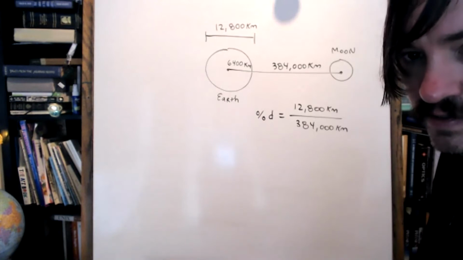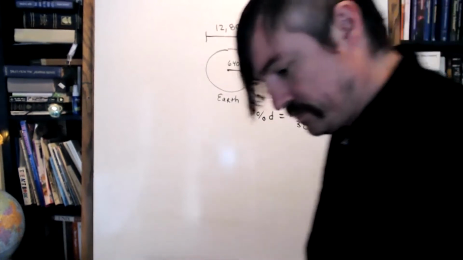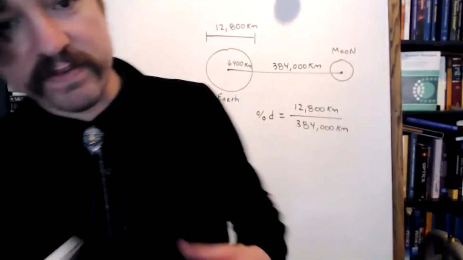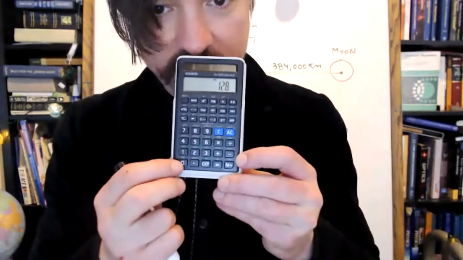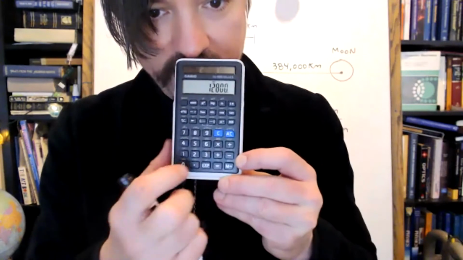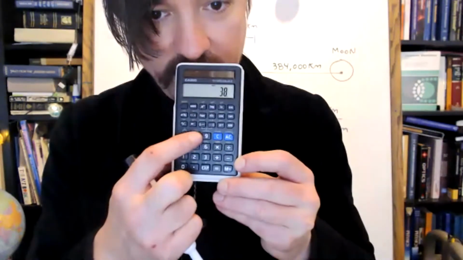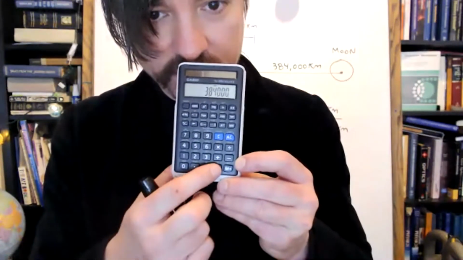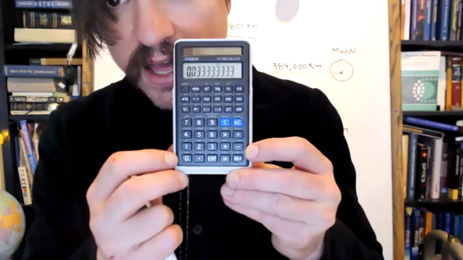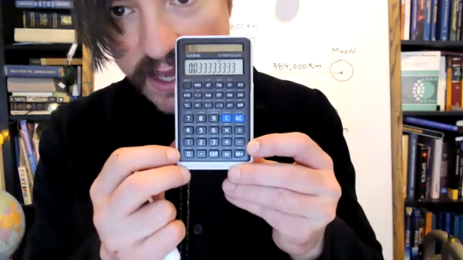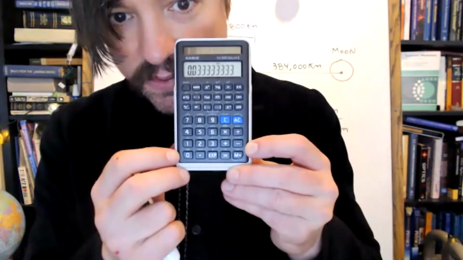That's totally incorrect. Kim, it's time for us to have some learning. Watch me, bud. 12,800 divided by 384,000. Now, you read that to me as 0.33. Is that what you see? No. What do you see?